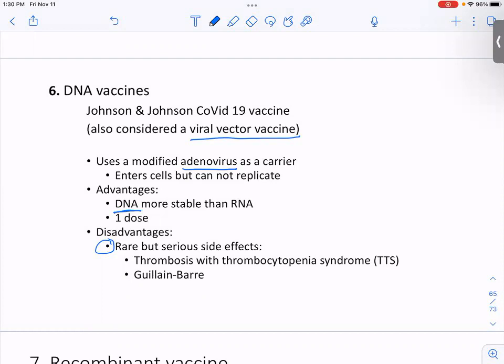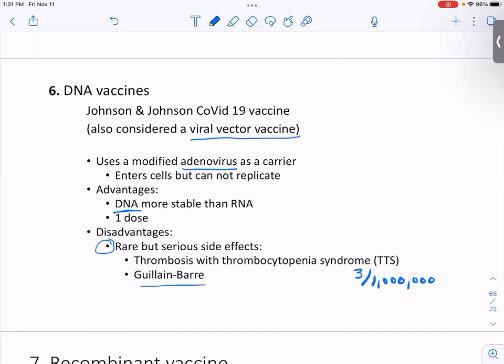Let's see, I looked that up. Looks like 3 in a million. So very rare. That's rare enough that they're not totally sure that it's from the vaccine. But some people have died from this. So for that reason, we're not using this vaccine again, unless we don't have other options.